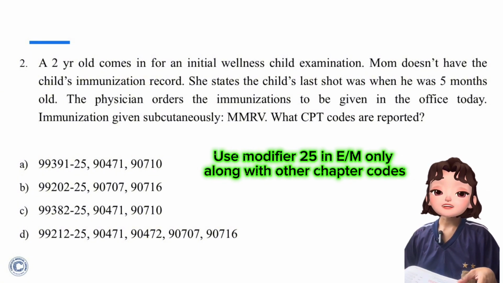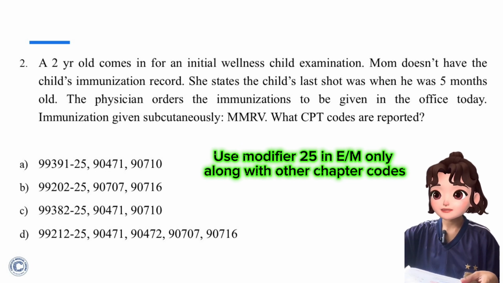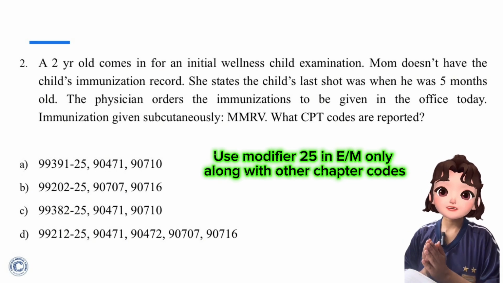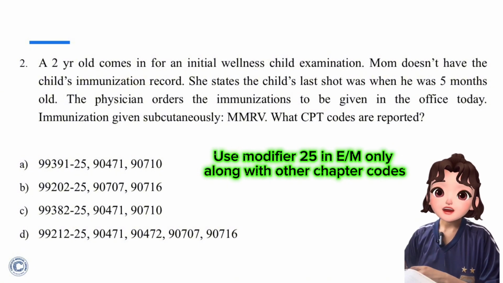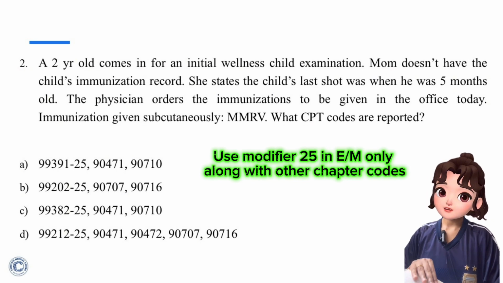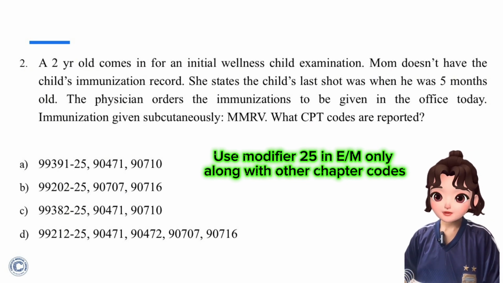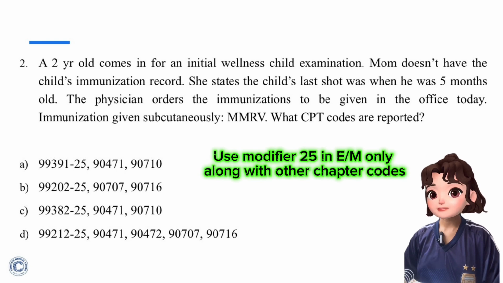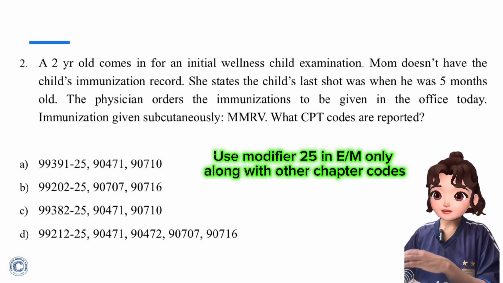Modifier 25 is to be marked along with the E&M codes only when coding along with other chapter codes. Otherwise, you should not mark the 25 modifier. Here there are other chapter codes, right? For the vaccination, medicine codes are there, 90471 and 90710.